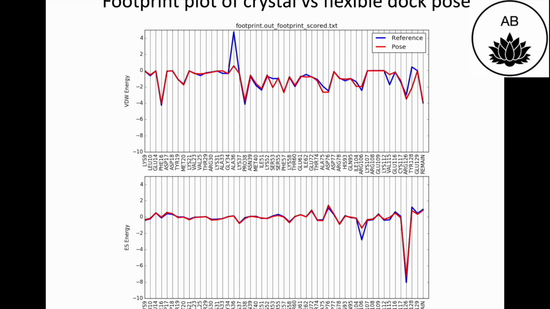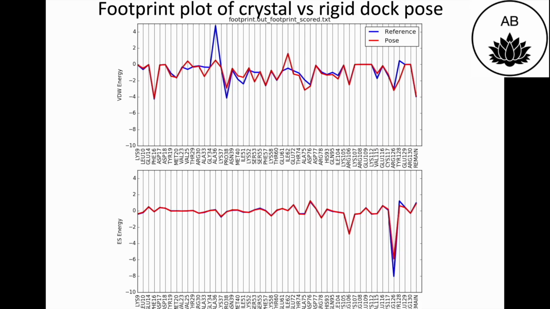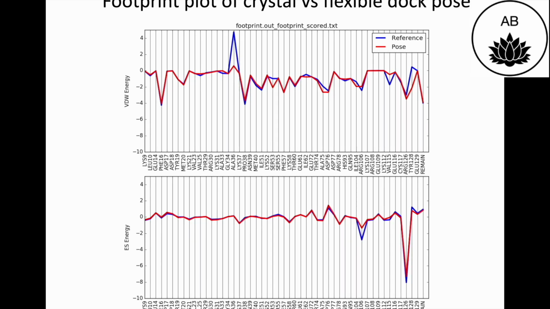Shifting to flexible docked pose. So here are two plots I have, van der Waals energy and electrostatics energy. The trajectory of energy difference between the residues as you go along the protein chain. Now, going back to crystal versus rigid, here are the plots, and here are the plots for crystal versus flexible. So take a look.